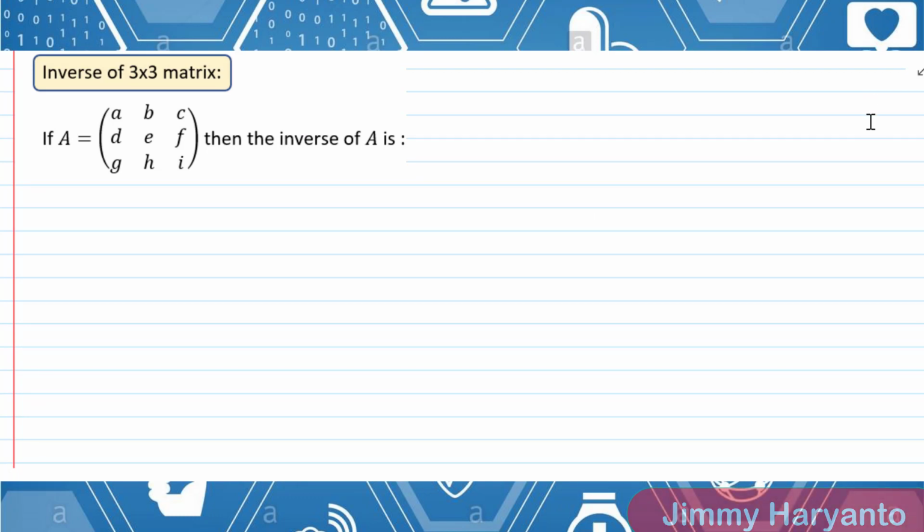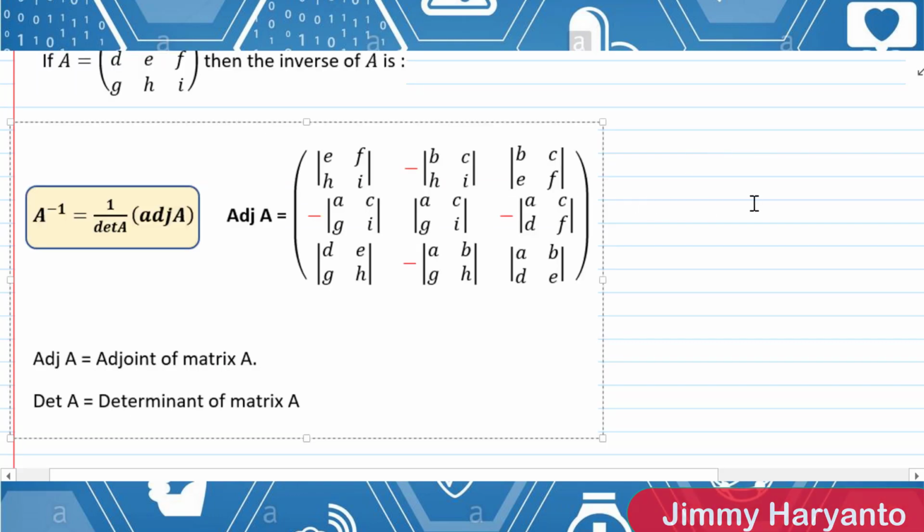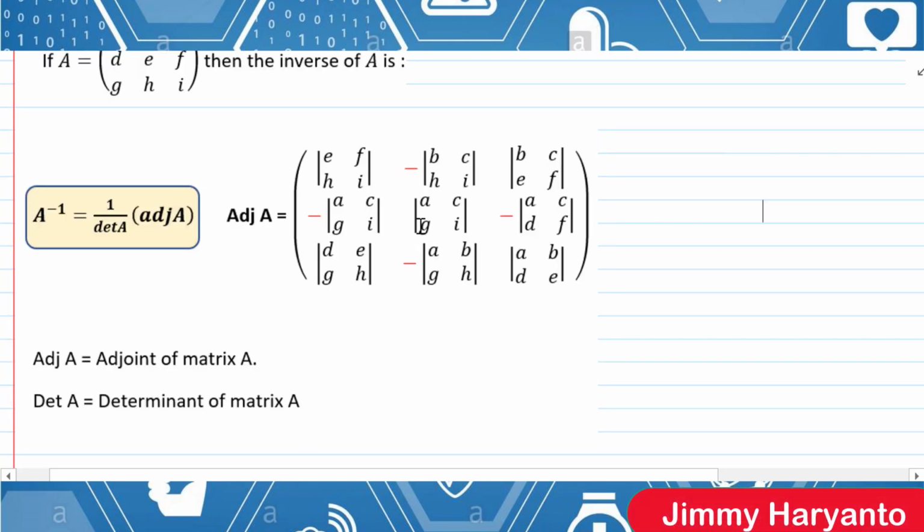Next will be the inverse of a 3 times 3 matrix. So if you have a matrix like this, 3 times 3, A, B, C, D, E, F, G, H, I, then the inverse of A will be like this. The formula is the same. A inverse equals 1 over determinant A times adjoint of A. But this time the adjoint is more complicated.